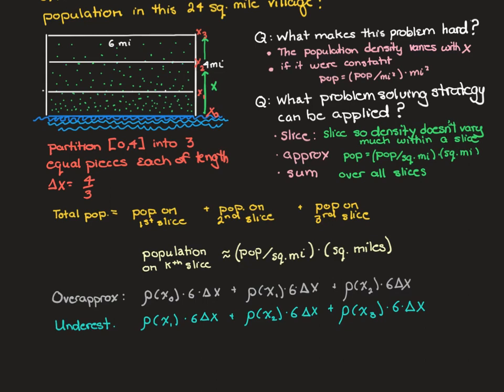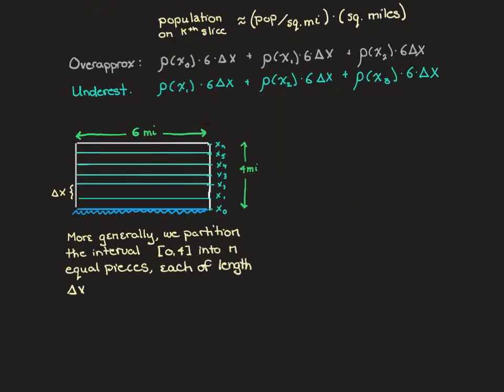In other words, we're chopping the distance from the sea, because that's what population density varies with, into n equal pieces. So I will do that below. More generally, we can partition the interval from 0 to 4 into n equal pieces, and each one of them is going to be of length delta x, where delta x is 4 over n.